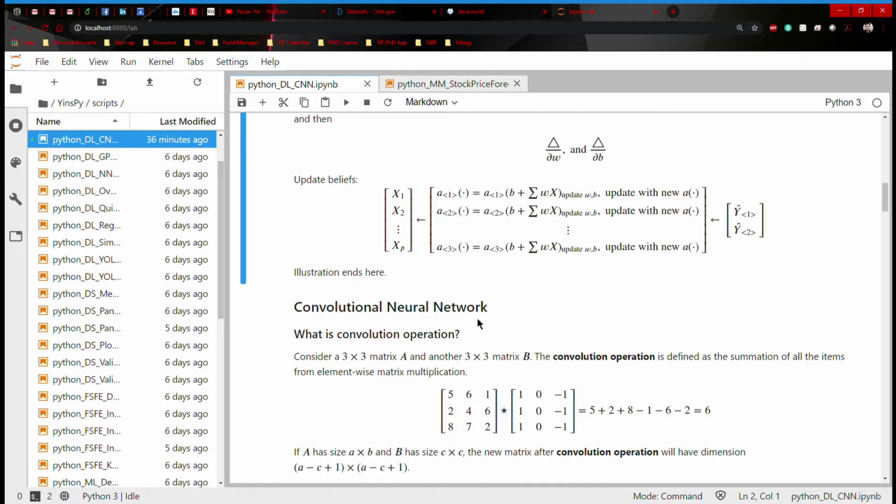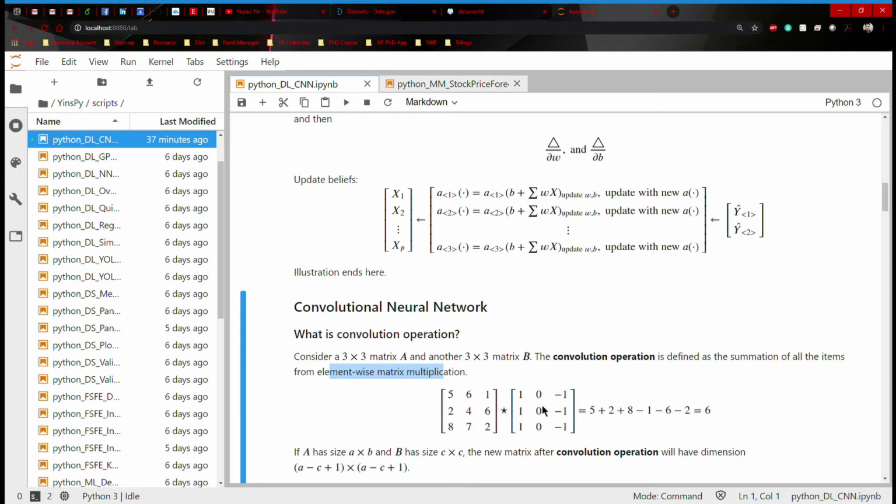Essentially, the data sets are images. So let's take a look at the definition. Convolutional operation is essentially a summation of all of the items from element-wise matrix multiplication. Let's say we have two matrices. A is 3 by 3, B is also 3 by 3. We do the following. 5 times 1, which is here, 2 times 1, which is here, 8 times 1, which is here.